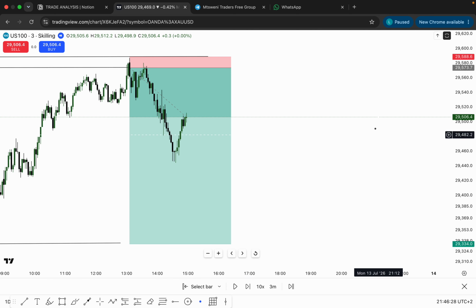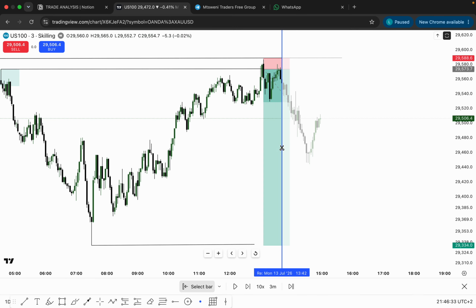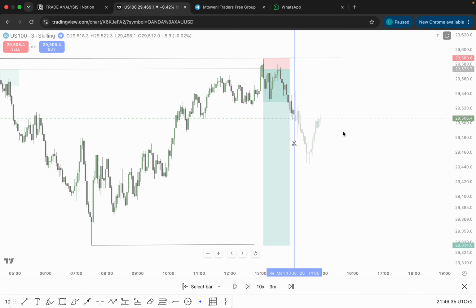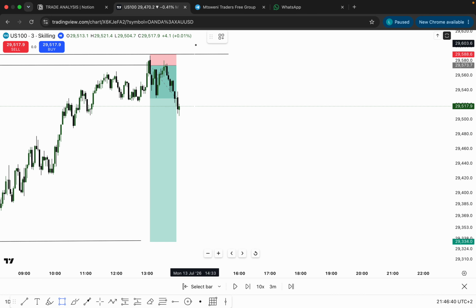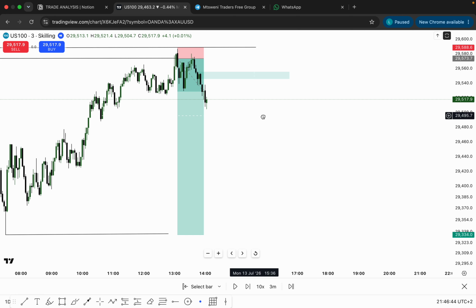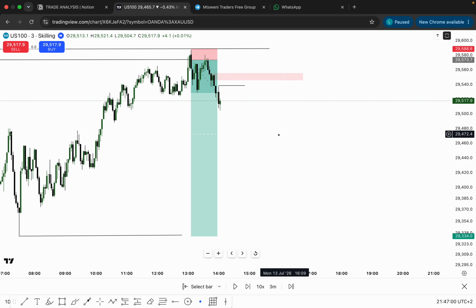But of course, another entry came in right about here. This is an entry that one of my students actually saw because I was not paying attention, right? One of the entries that came in was right about here on this supply area, where he was just waiting for this high to be eliminated, where price takes out this high and then continues going lower, right?